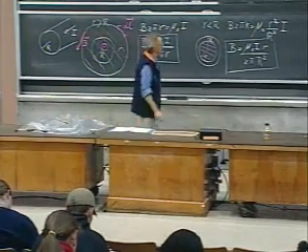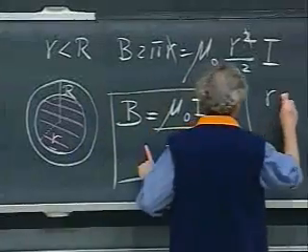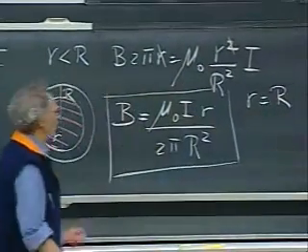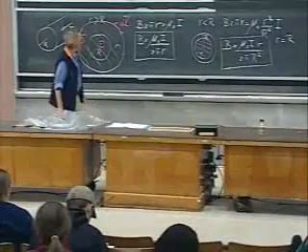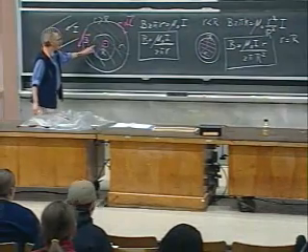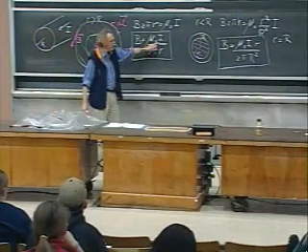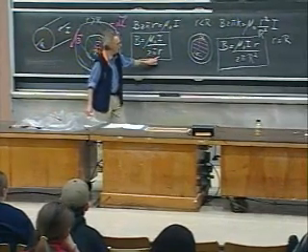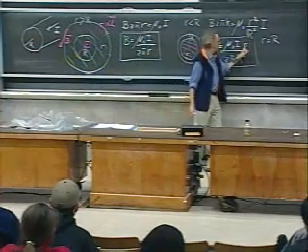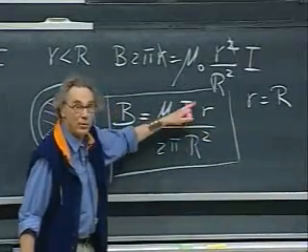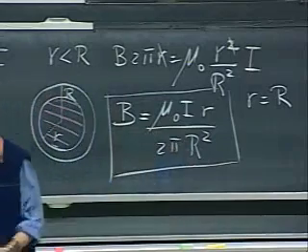And if you substitute in this equation r equals capital R, which would be the magnetic field right at the surface of the wire, you find exactly the same result here. Little r becomes a capital R. If little r becomes a capital R, you lose one capital R, you get the same result.